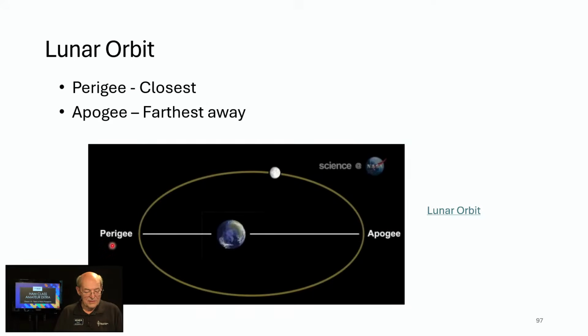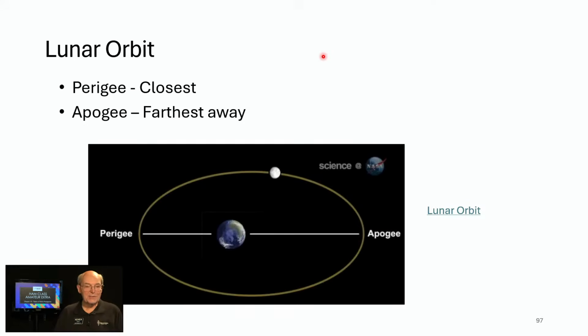Here's the Earth, here's the moon. It's kind of an elliptical orbit, but notice it's off-centered. So at some points in the moon's travel, it's further away. That's called the apogee. In some cases it's closer. That's called the perigee. How do you keep those two apart? Well, I've got a kind of a mental trick.